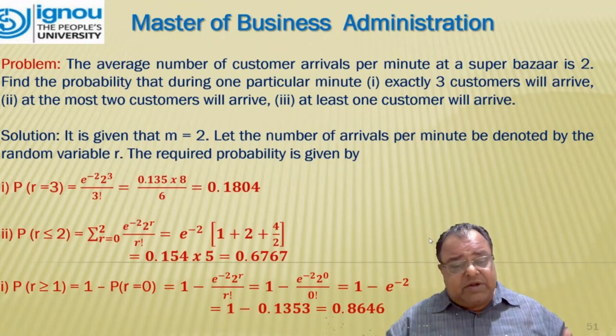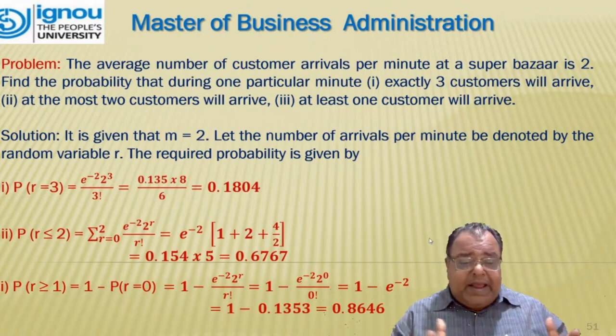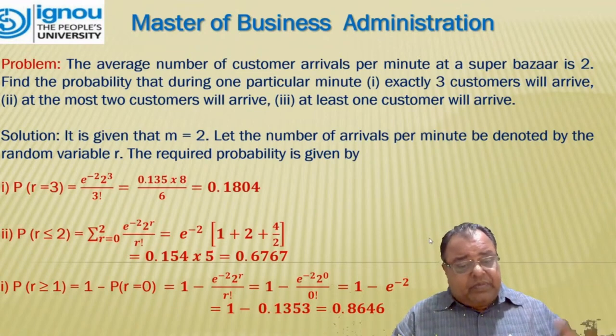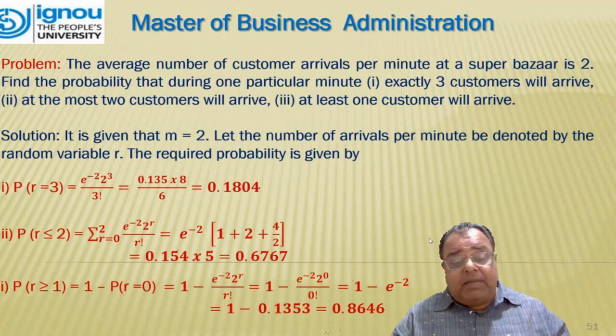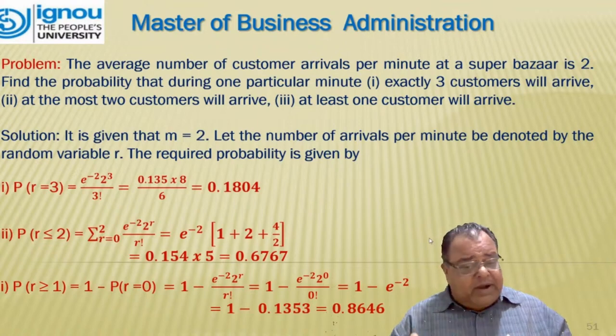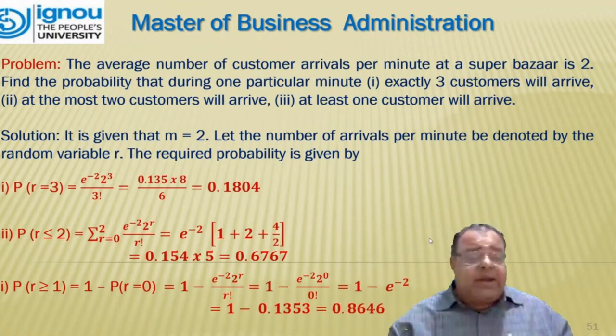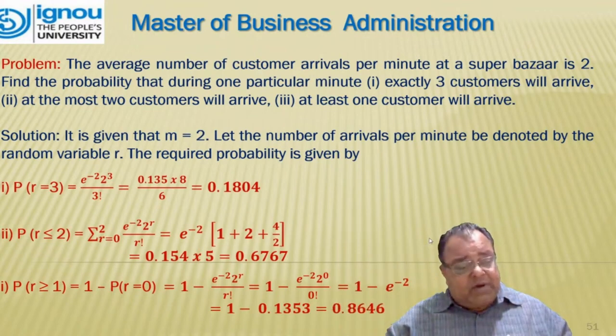When we add all these values, we take e raised to the power minus 2 in front, and then multiply by 1 plus 2 plus 2, which is 5. Straight away we multiply 0.135 by 5. The value of e^-2 will be given to you in the paper, or it can be taken from the tabular form.